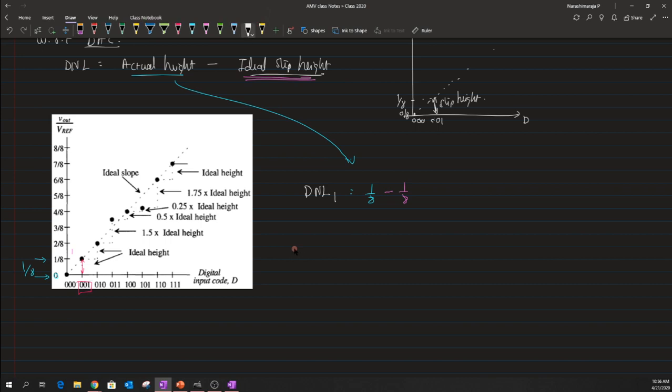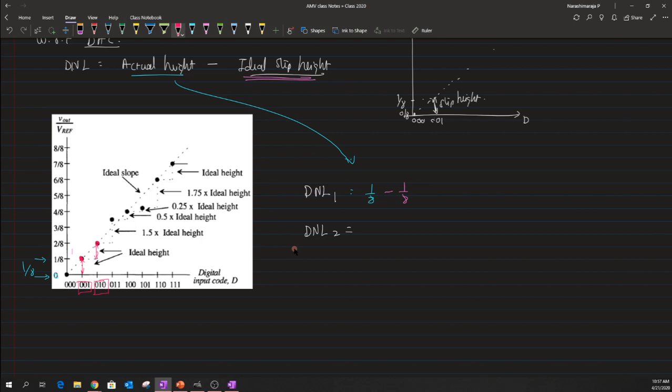So now I want to measure the DNL error numbered 2. What it means is that I need to measure the height when I feed in the digital input of 010. The height is always measured from its previous value, so the previous value was this black dot, and the corresponding new black dot is this one for the input of 010.